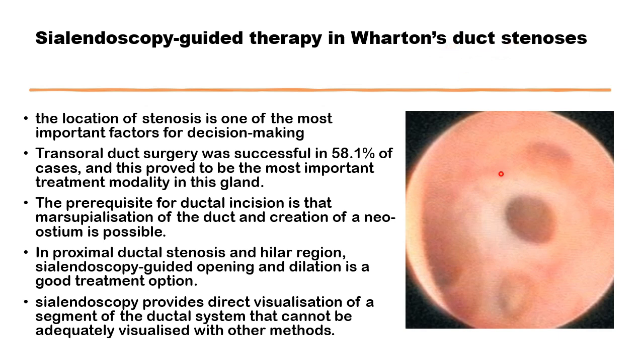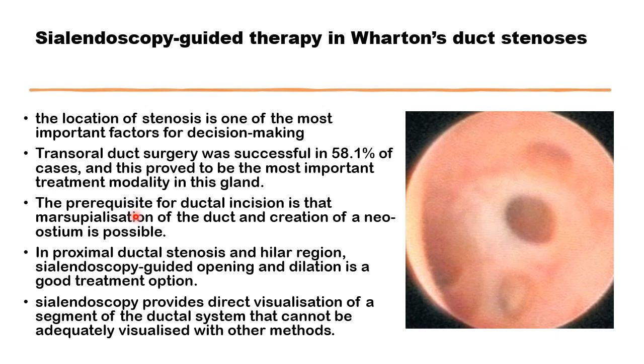location of the stenosis. If it is in the distal part of the duct, the part of the duct that can be accessed through the oral cavity, then transoral duct surgery with incision and marsupialization, creating a new opening of the submandibular duct into the oral cavity, is the easiest way of treatment, although it provides a success rate in the area of 60% only.